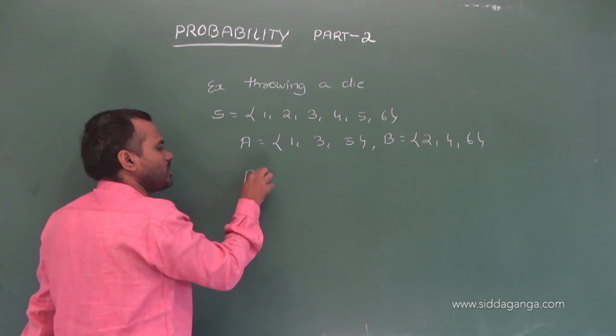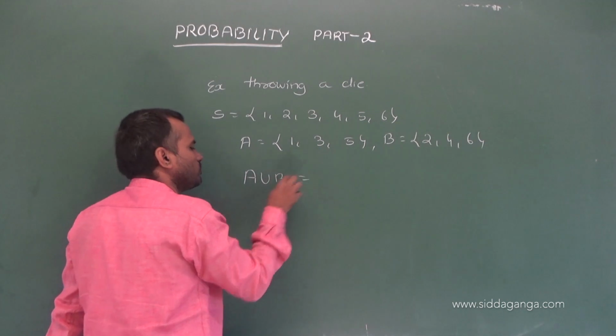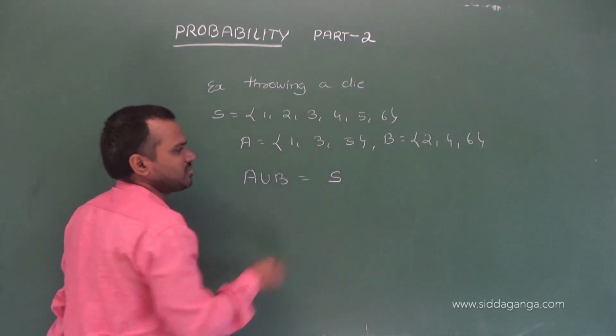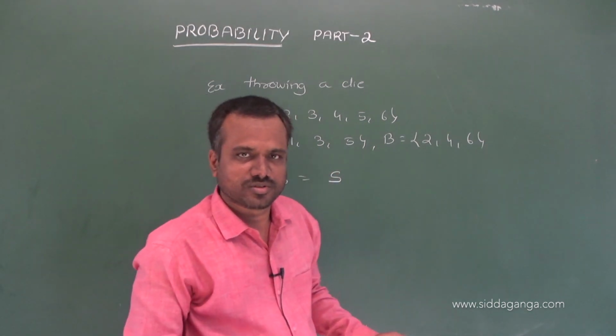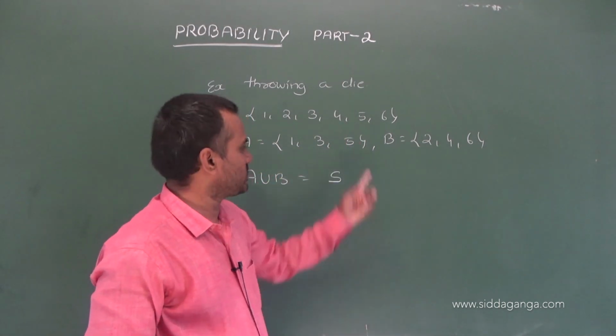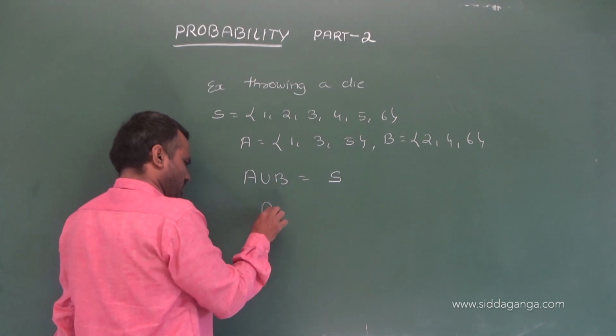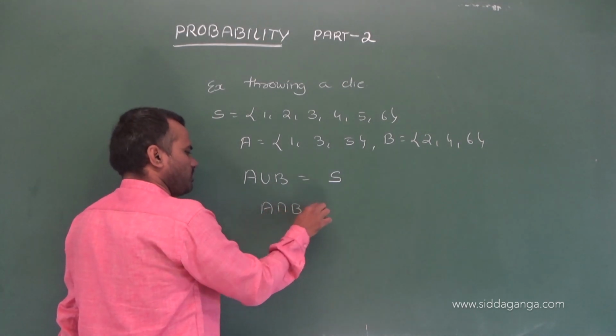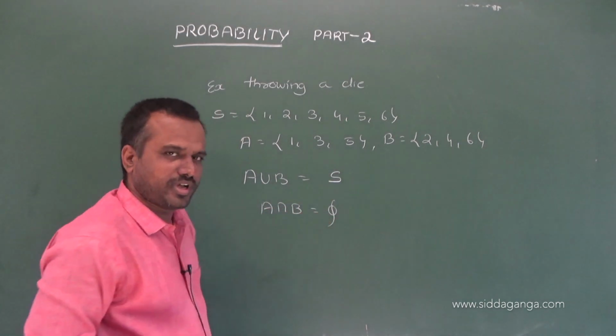So A union B, if I take the union of those two events, that is nothing but the sample space, 1, 2, 3, 4, 5, 6. If I take A intersection B, that is the empty set.